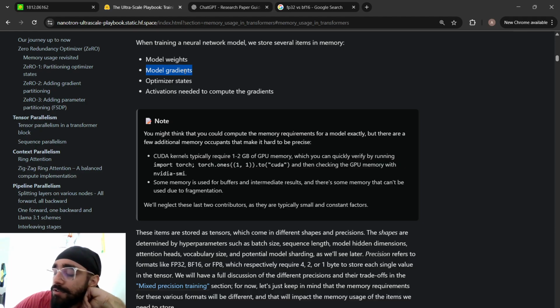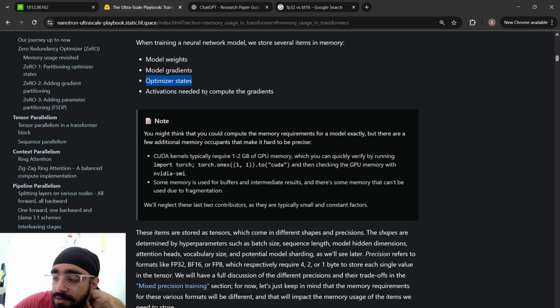Let's say, for example, you have 1 million parameters, and each parameter is stored in FP32, that means 4 bytes per parameter. That means 1 million times 4, that is 4 million bytes, that these parameters consume. Similarly for model gradients, if you're storing gradients in FP32, the memory required would be the same as for model weights, 4 bytes per parameter.